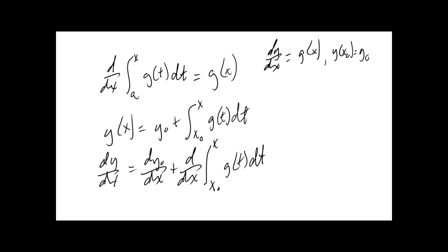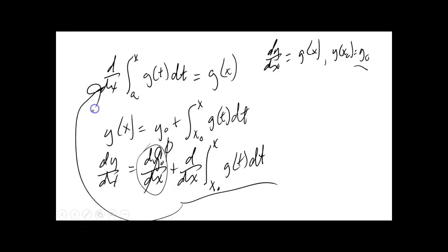Well, what's dy0/dx? What is this one? Derivative of a constant. y0 is just some number, a constant. What's the derivative of a constant? 0. Well, what is d by dx of this thing here?